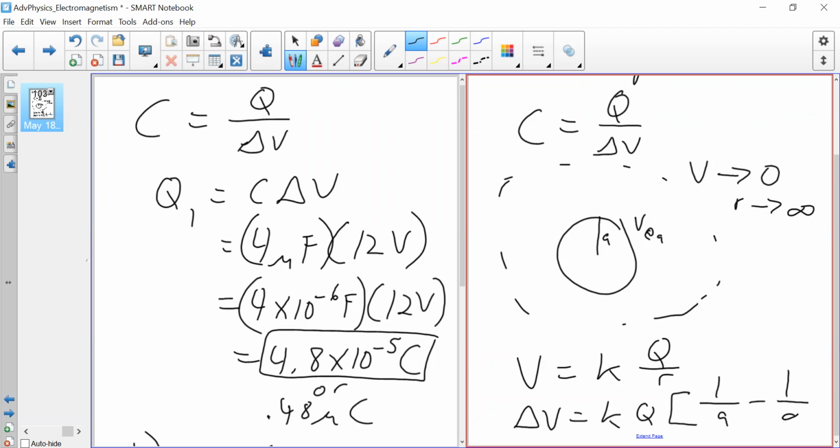The reason I'm having A be the final is that initially I'm bringing some charge in from infinity to this position A, as is the conventional case when bringing something in from infinity to some point other than infinity, and then we can determine what the potential is at a point other than infinity. So this will be our final potential minus the initial potential.